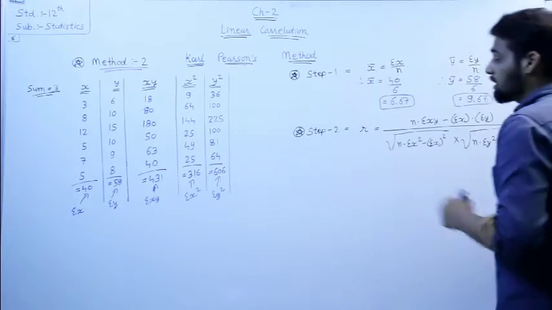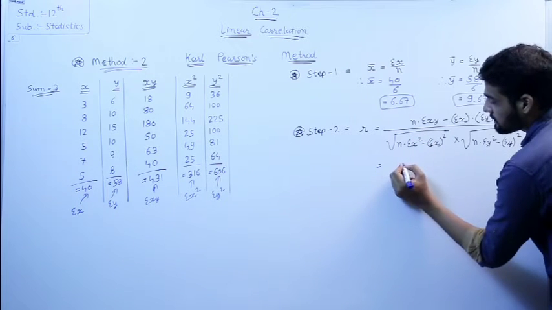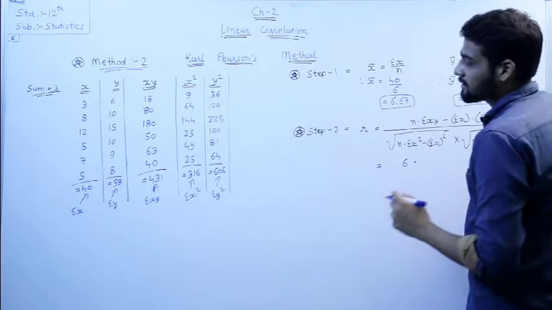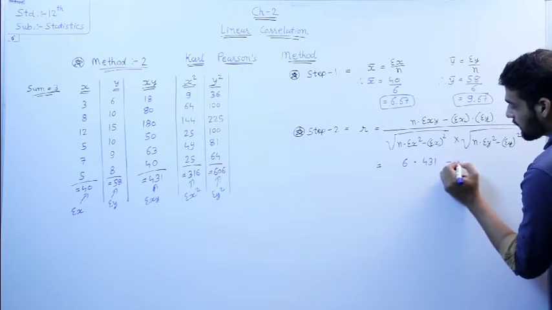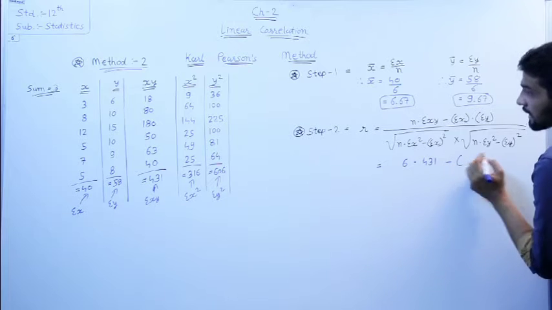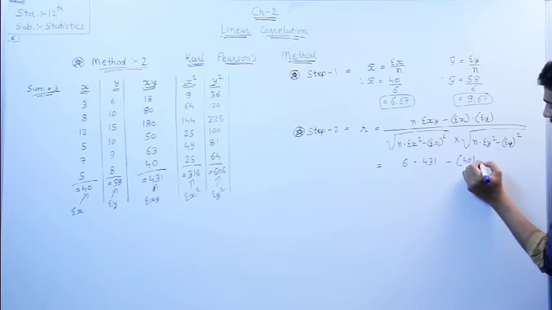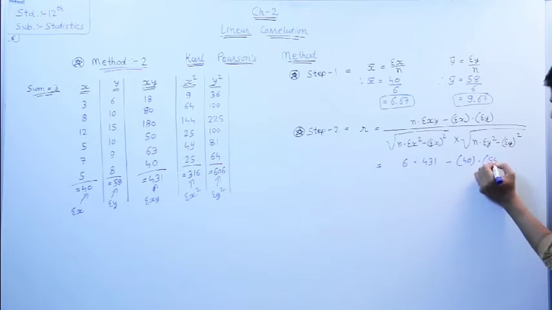Okay students, now we put the values in this formula. What is our n, students? 6 multiplied by sigma xy, which is 431, minus sigma x, 40, multiplied by sigma y, 58.